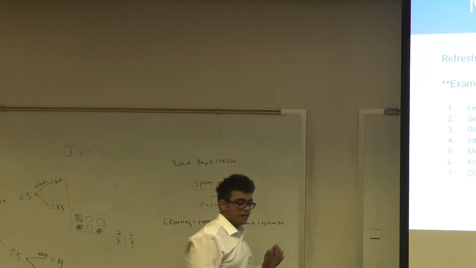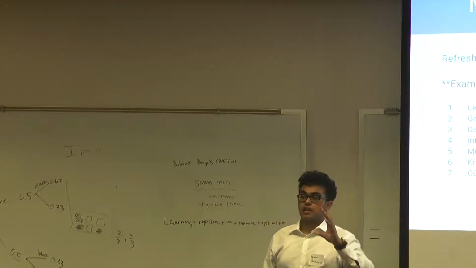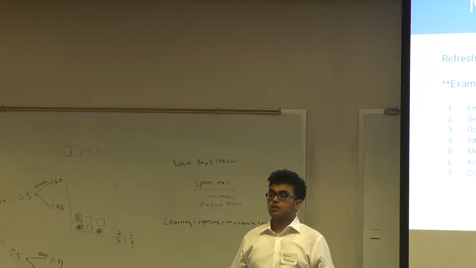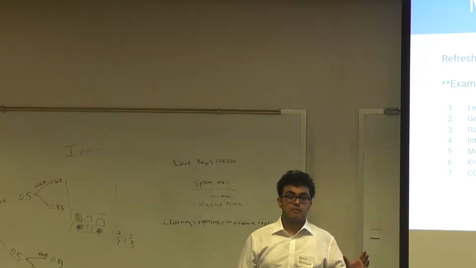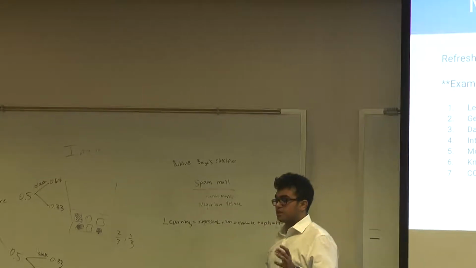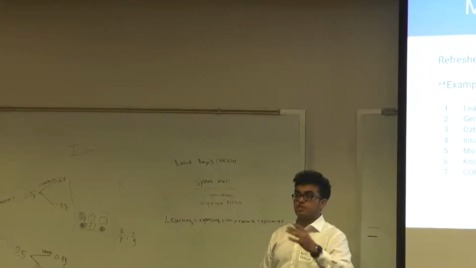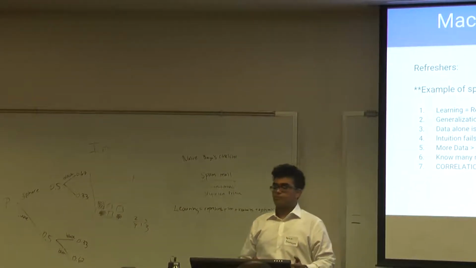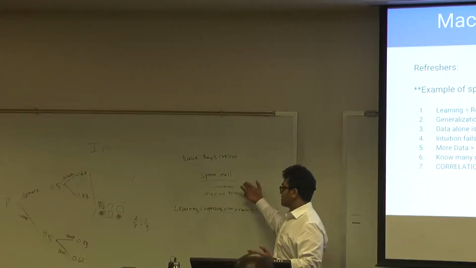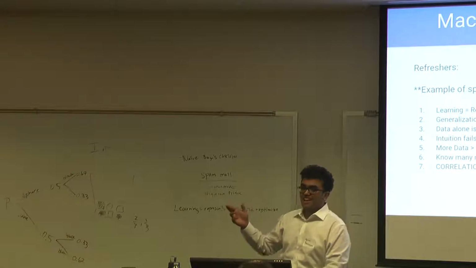The naive Bayes classifier is basically looking for keywords in our spam emails. And once it sees those keywords, it makes a judgment of whether or not it should be spam.